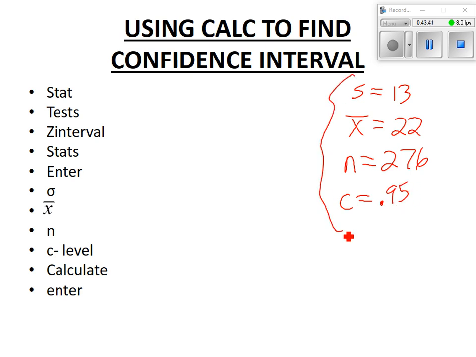Grab your calculator. I need everybody to do this because all these calculators are different. You're going to go to stat, over to test, and go down to Z interval. Now, before you push enter, once you get to Z interval, keep going down. What's after Z interval? T interval.